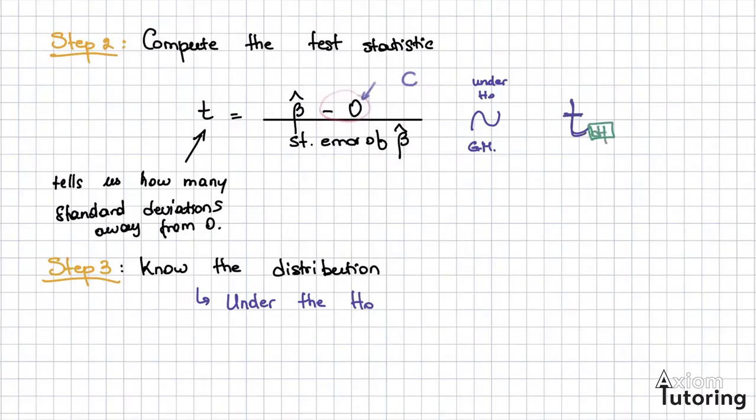In this case, the number of degrees of freedom is n minus k minus 1. Okay? This distribution tells us which distances are common and which are rare. This is why step 3 is so important. Step 3, at the same time, will also dictate what comes in the next step.